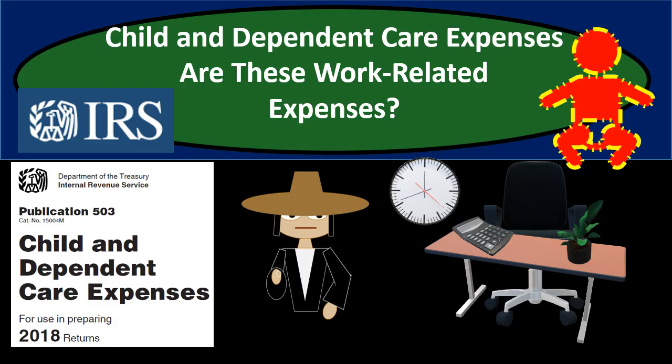In this presentation, we will discuss the question of whether these are work-related expenses with relation to the child and dependent care expenses credit. This information can be found in Publication 503. Child and dependent care expenses must be work-related to qualify for the credit. Expenses are considered work-related only if both of the following are true.